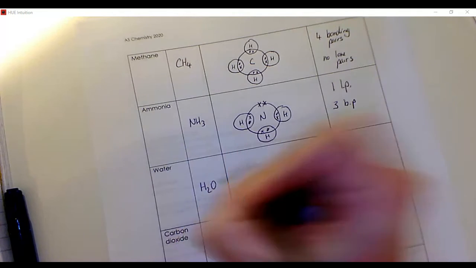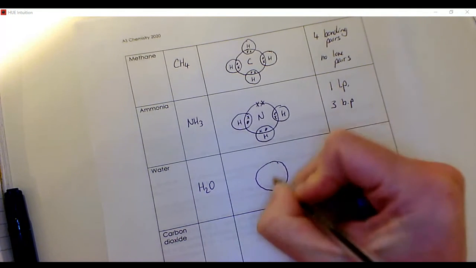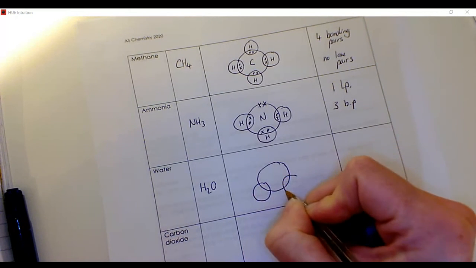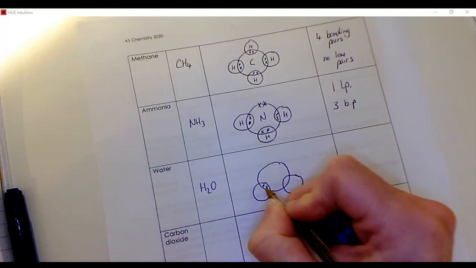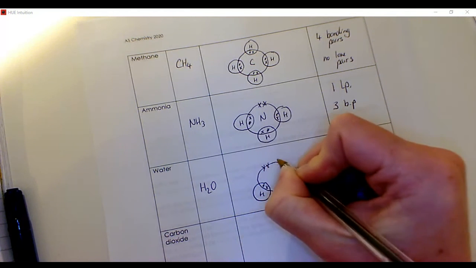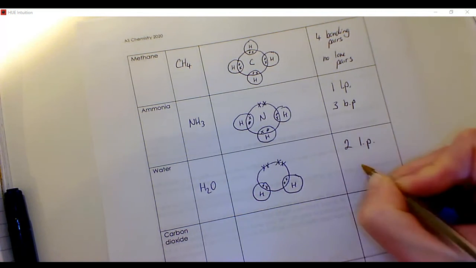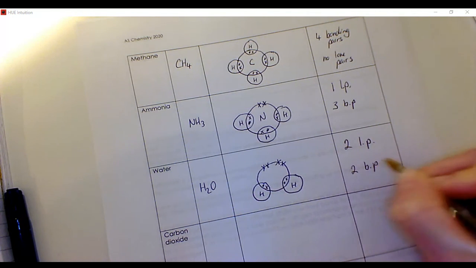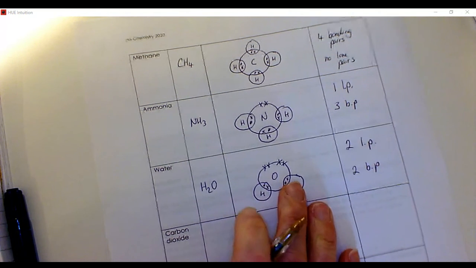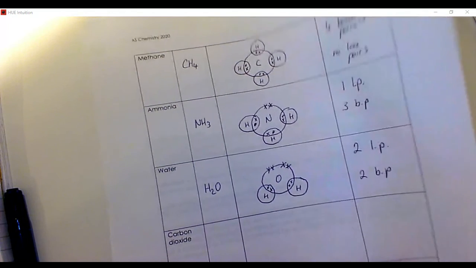Water has 6 electrons in its outer shell, but only 2 are unpaired, so it will form 2 covalent bonds. And then it has 2 lone pairs and 2 bonding pairs. I'm writing it like that because the shape of the water molecule is going to be dominated by the fact that those lone pairs exist, right?